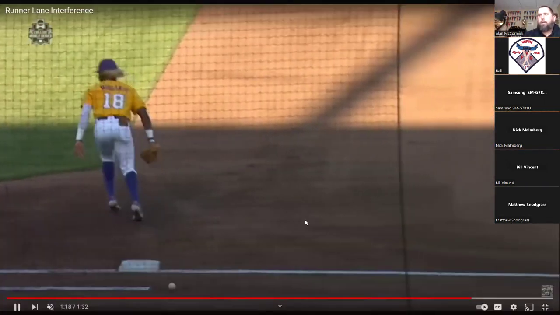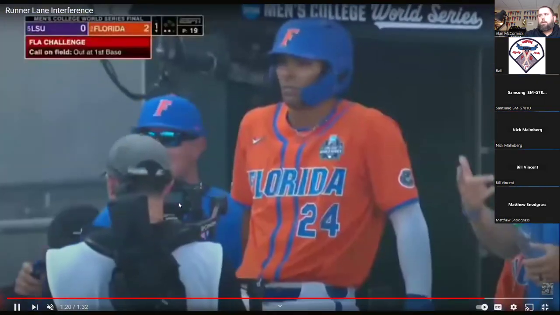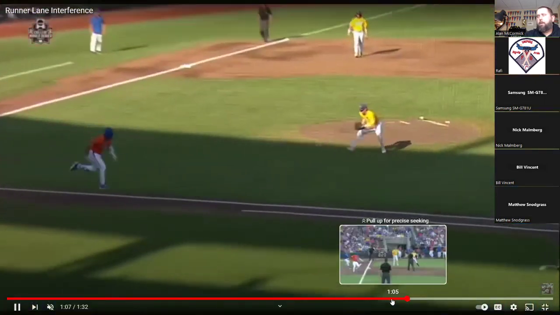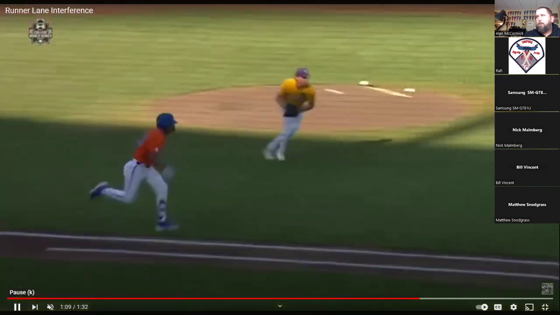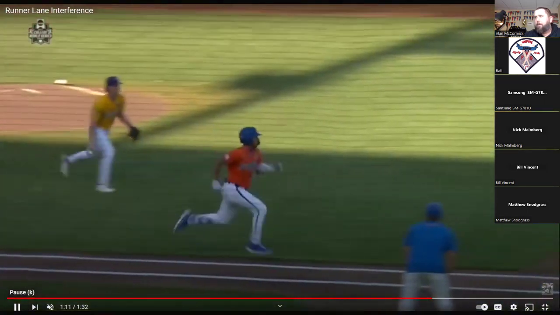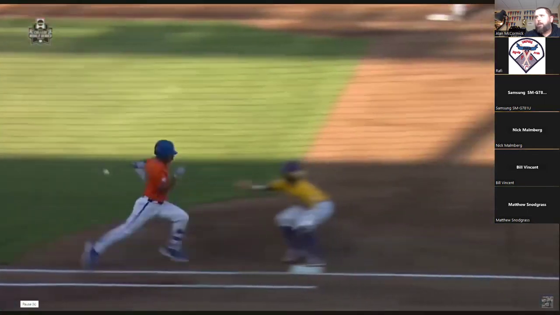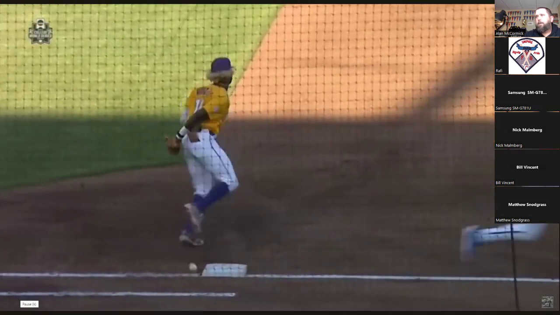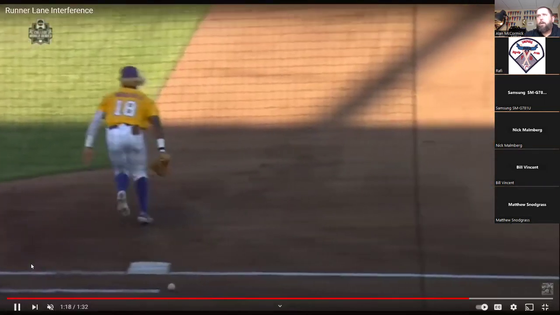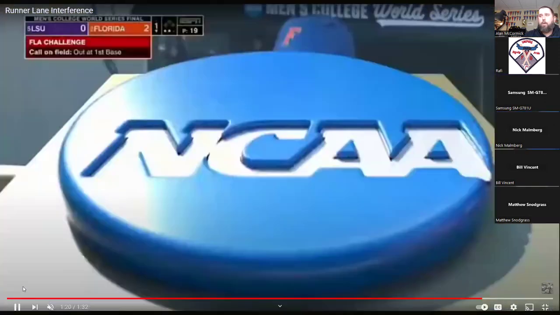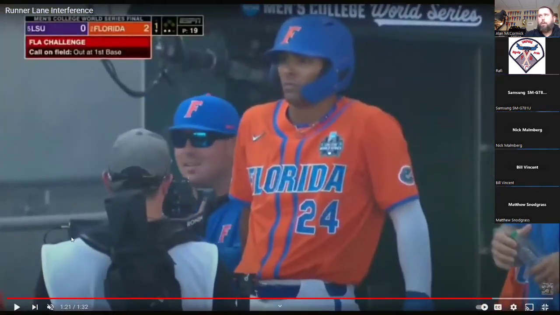I thought it was off of his body, like his thigh. Yeah, but actually, if you watch, you can definitely see it being impeded. The fielder actually touches the glove right here. So that's where you would get it. Even again, if that ball hit the runner too, then it would have interference on there too.